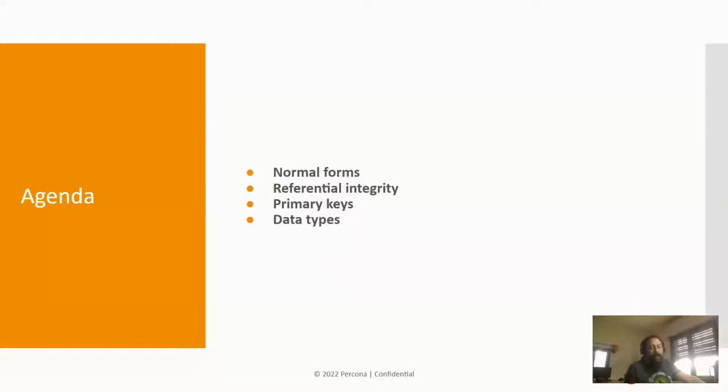It's a set of 6 rules. So 1, 2, 3, Boyce-Codd, and 5, 6. Normally, we only do 1, 2, 3, and perhaps if you have a very weird situation, you might apply Boyce-Codd. We're only going to be looking at the first three.